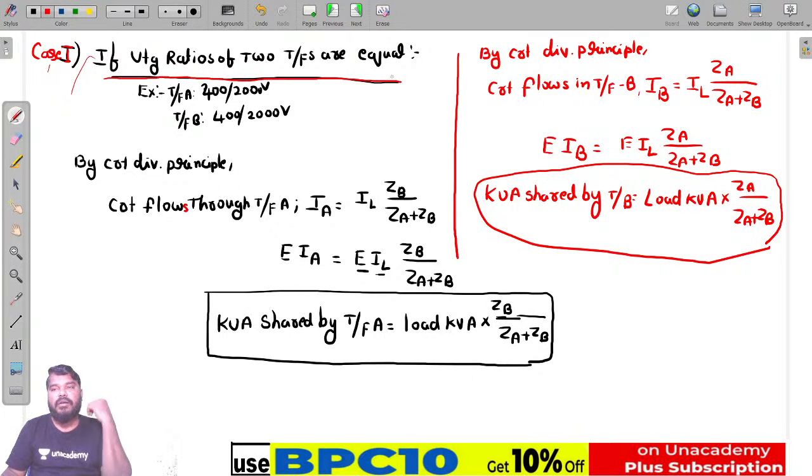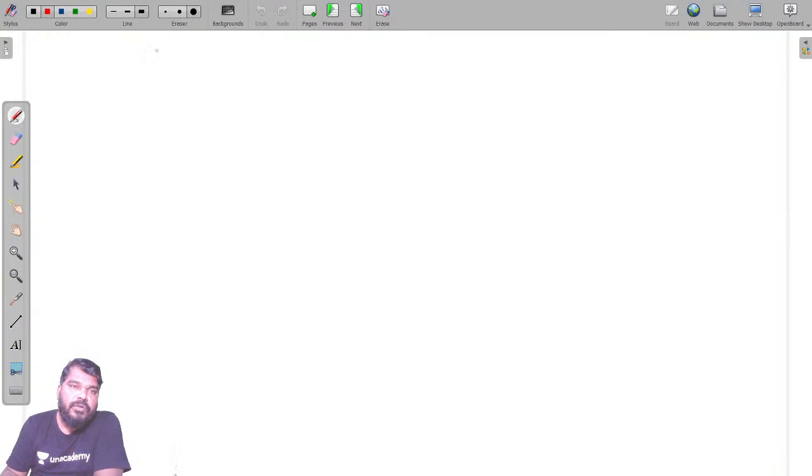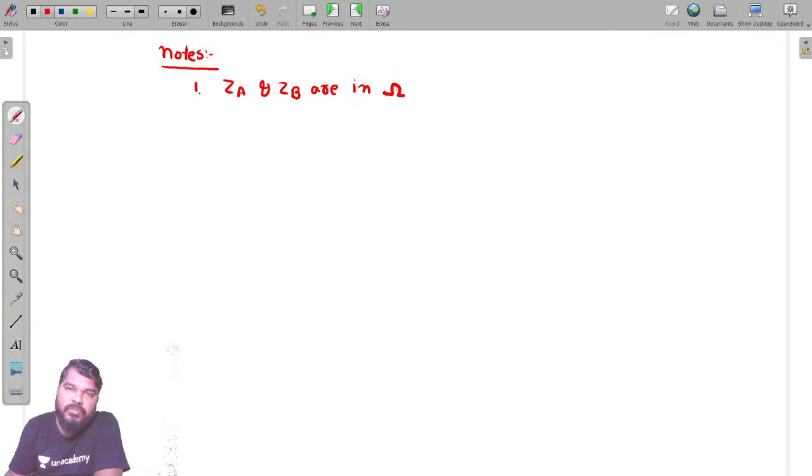Case 1 is when the voltage ratings are equal. Here there is one important note, which we will discuss in another part. In the above equations, ZA and ZB are in ohms or per unit.